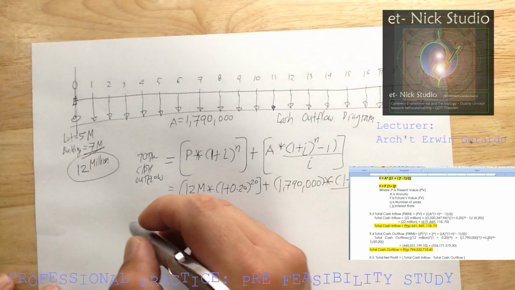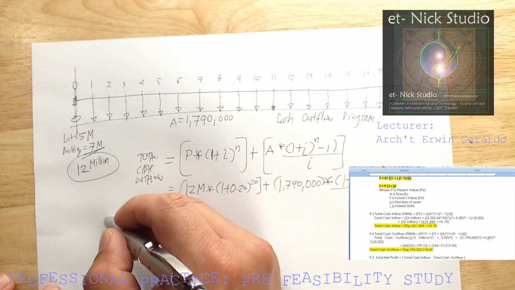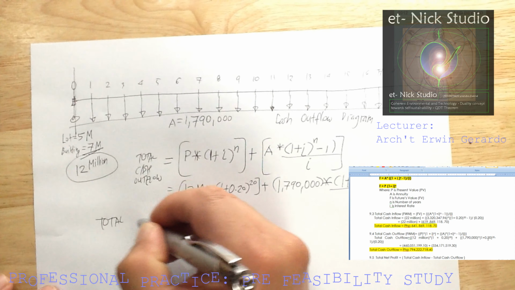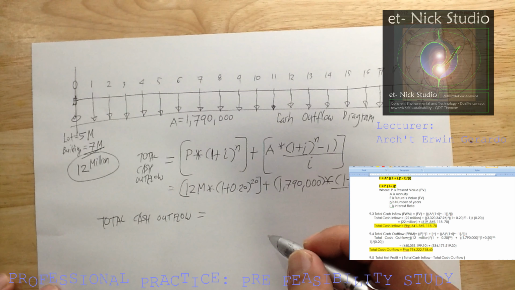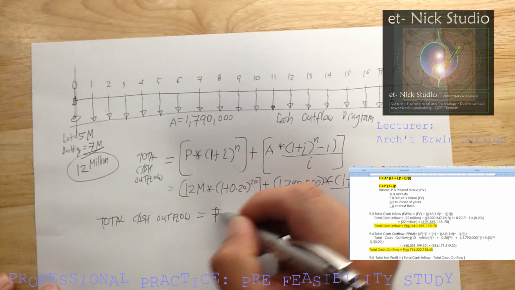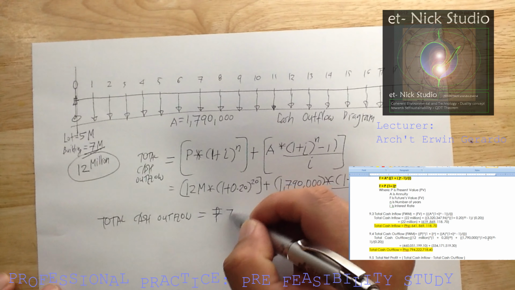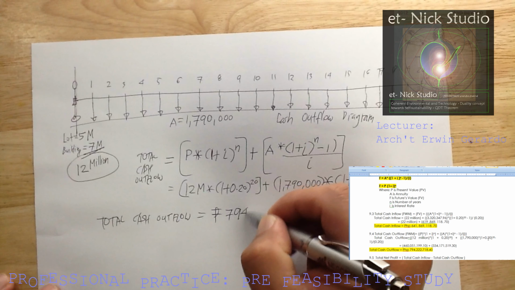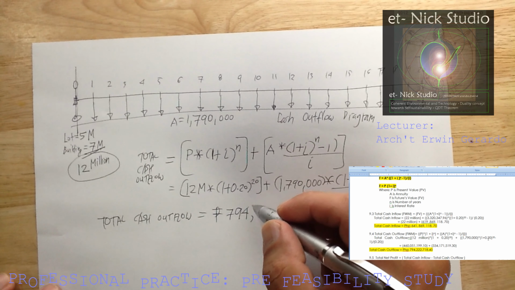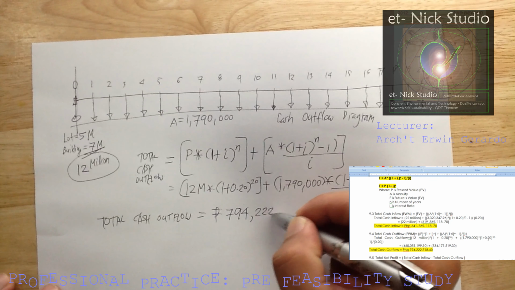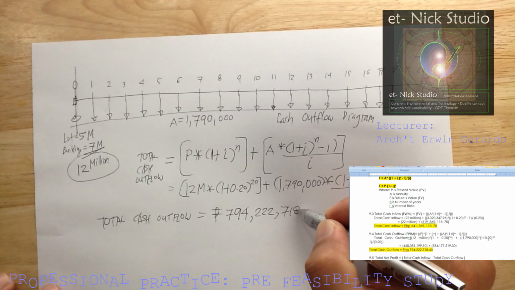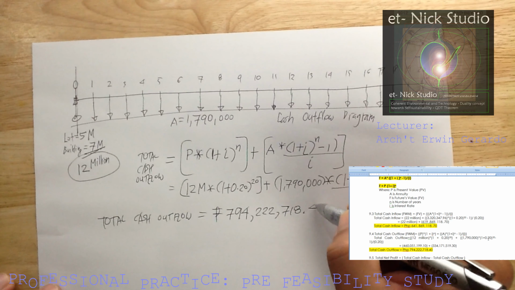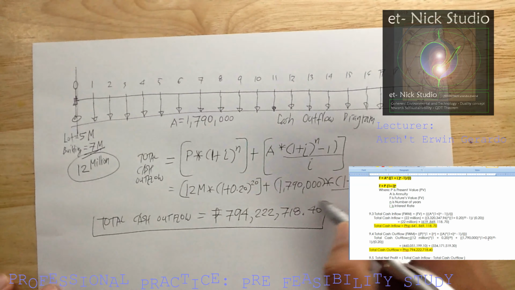Now the amount of the total cash outflow is equivalent to 794,222,718.40 pesos.